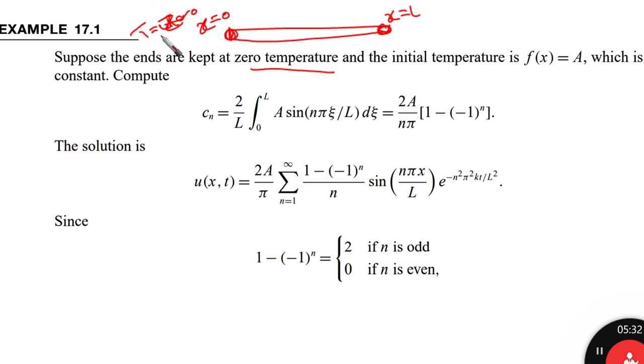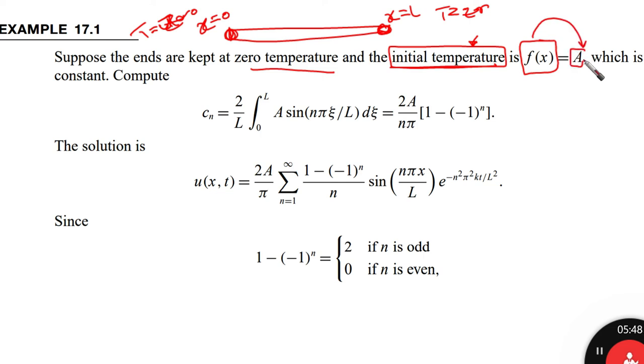So T here is 0 and T here also equal to 0. And the initial temperature, look here, is going to be described by a function, as we said before. It is going to be f of x. But we found that this function is a constant, given here in this example to be a constant. So we're going to find something like this.